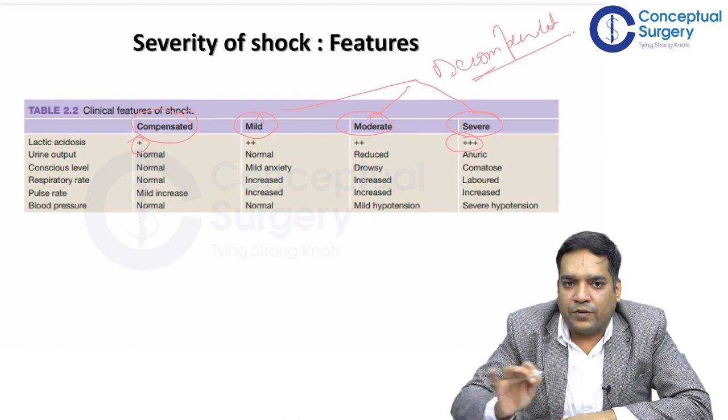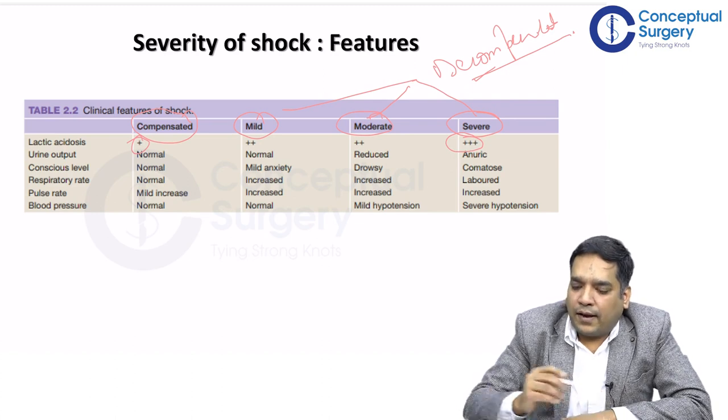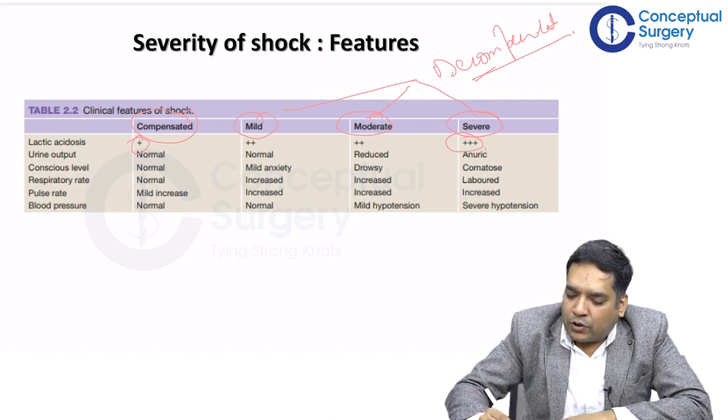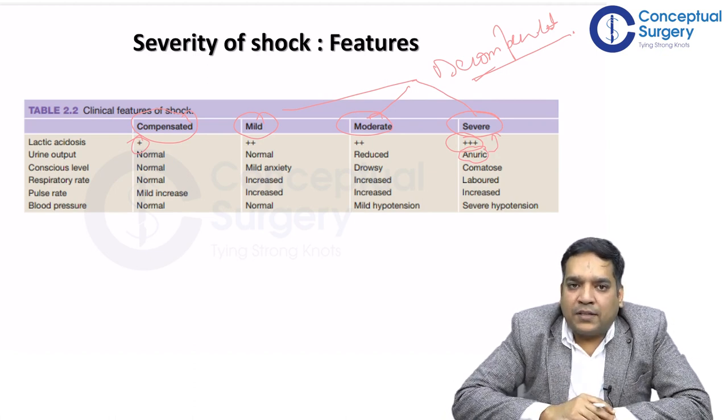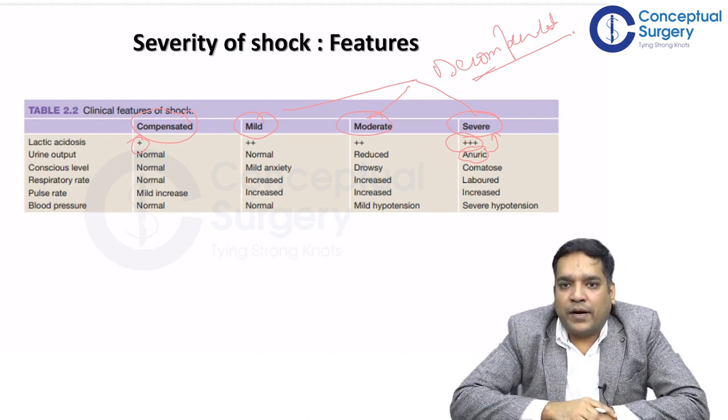This is very obvious, right? Urine output remains normal in compensated and mild, but it reduces in moderate, and the patient can also become anuric in severe shock, right? Consciousness level remains normal in compensated. There could be mild anxiety in mild. The patient is drowsy in moderate, and the patient is comatose in severe form of shock.